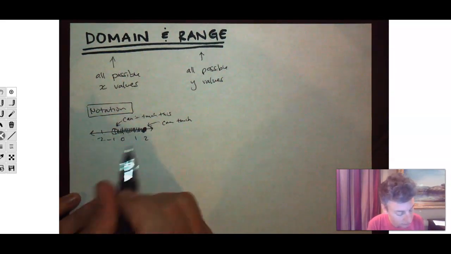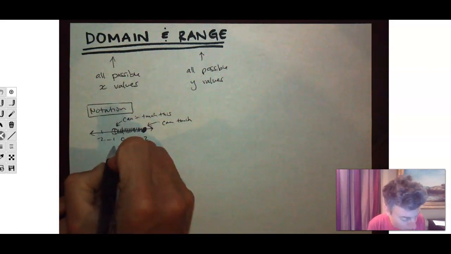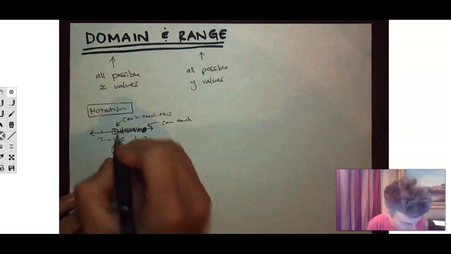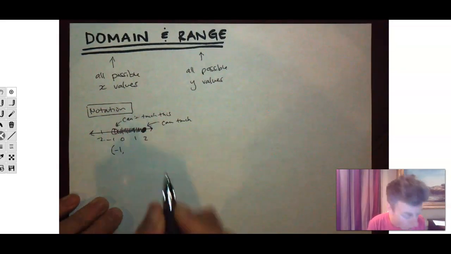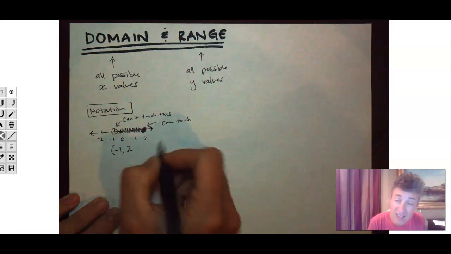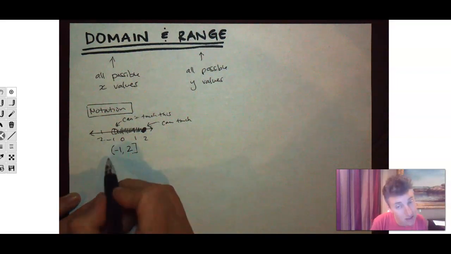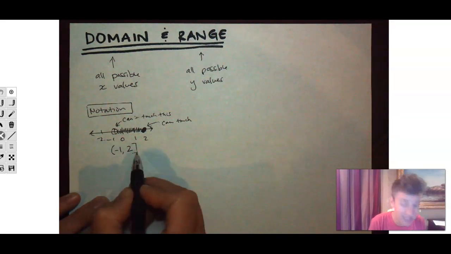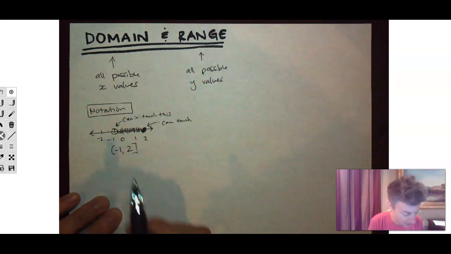Closed circle, can touch. The way we would write this, we would use an open parentheses for that -1. And we're saying it's going to go from -1 all the way up to 2, but you can touch the 2, so we use a bracket. Can't touch it, open parentheses, can touch it, bracket.